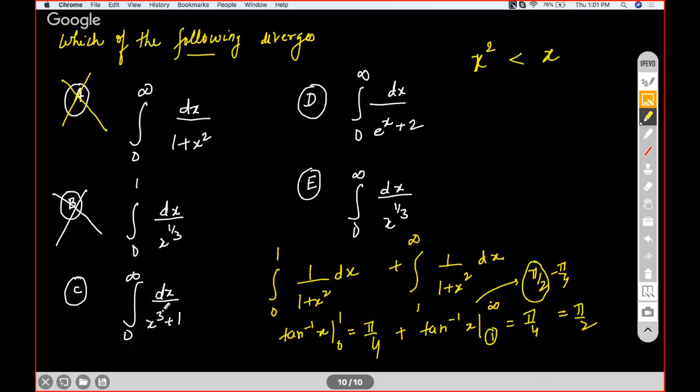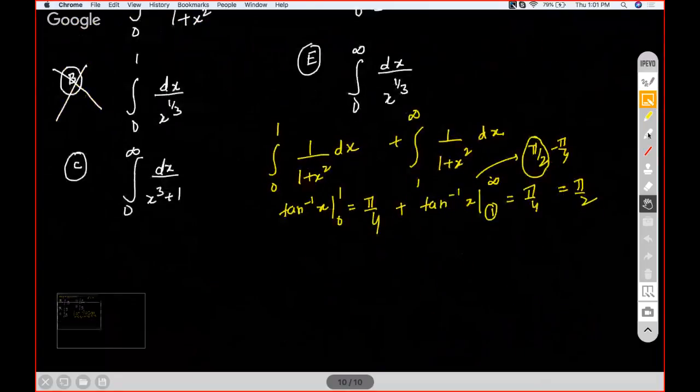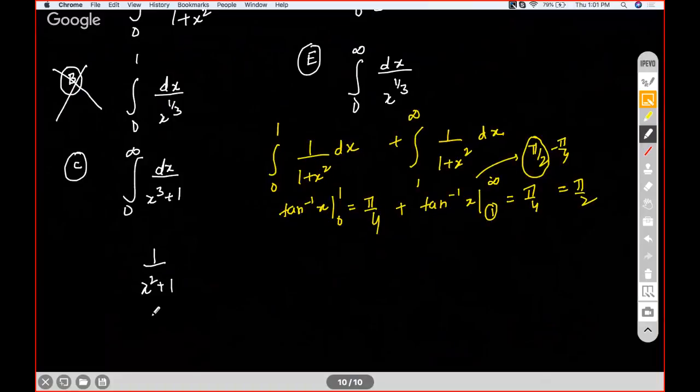But what about this one? We cannot evaluate this. So can I say if x square plus 1... No, I cannot comment like that. So x square plus 1 will be less than x cube.